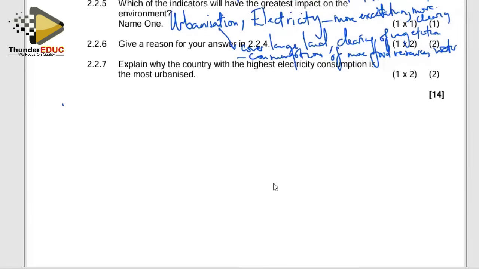We are relating to more people in urban areas, urban people. What is their relationship with electricity? It's clear there. The question is saying, why is it that when there are more people staying in cities and towns, we need more electricity? In simple understanding, that is what the question is asking about.